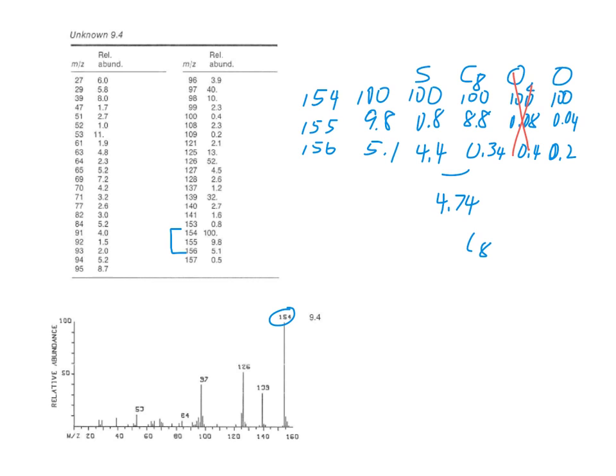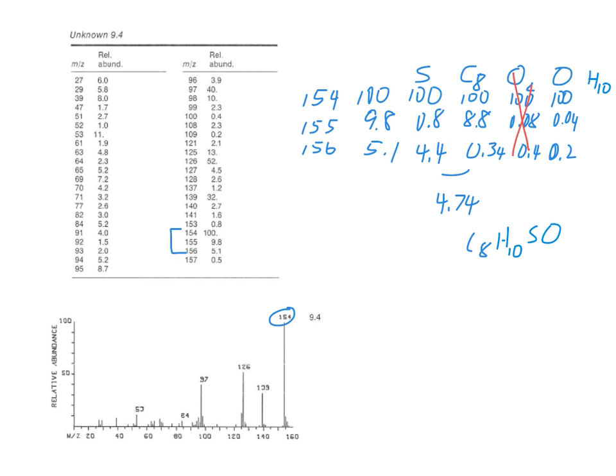It was 160 previously, so 144. 144, okay. And so how many hydrogens do we have? 10. H10. So C8H10SO.